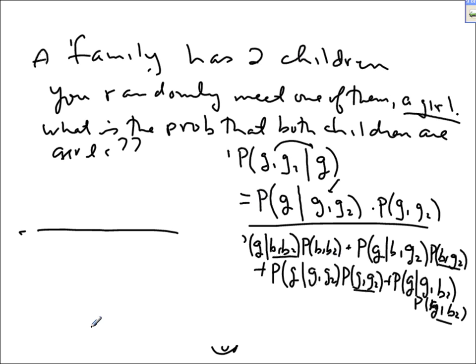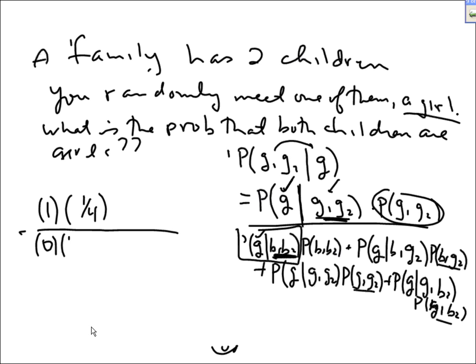Given that you have two girls, what's the probability that the one you saw is the girl? 100%. The probability of G1, G2 is a quarter, divided by the probability. Given that you have two boys, what's the probability your neighbor saw a girl? 0. Times the probability of boy, boy is a quarter.